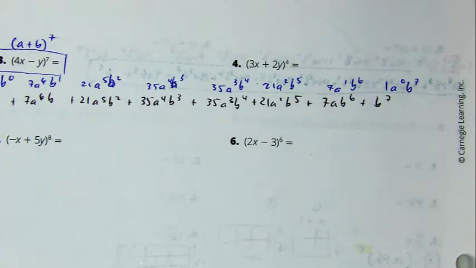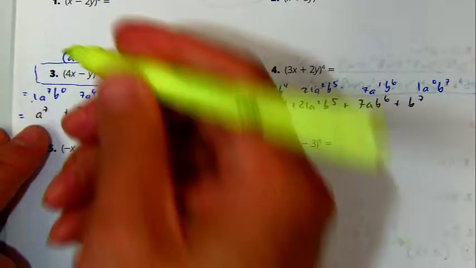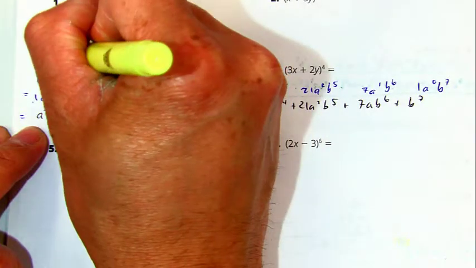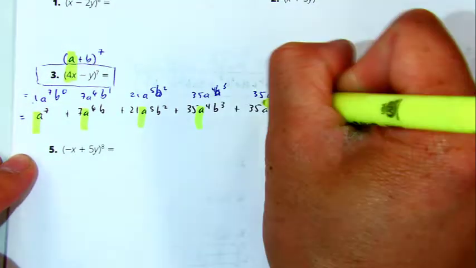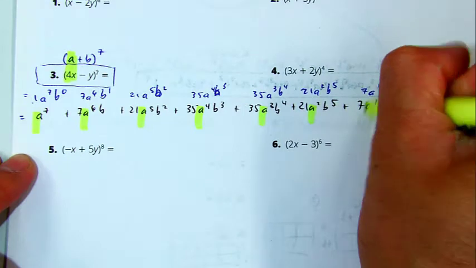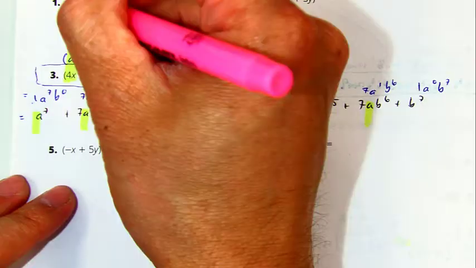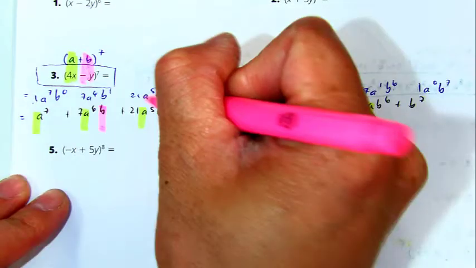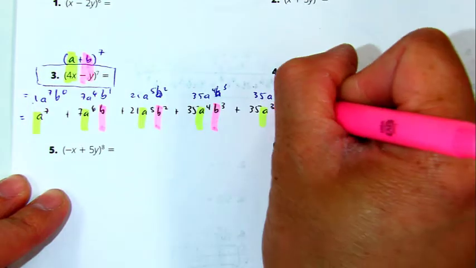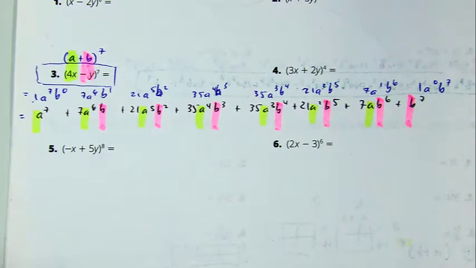Alright, here's today's lesson. Today you're doing exactly the same, but when you get to this point, now you're going to put in a, which is 4x, and all of your b values are going to be negative y. In our substitutions, using parentheses on paper and on your calculator is super important.